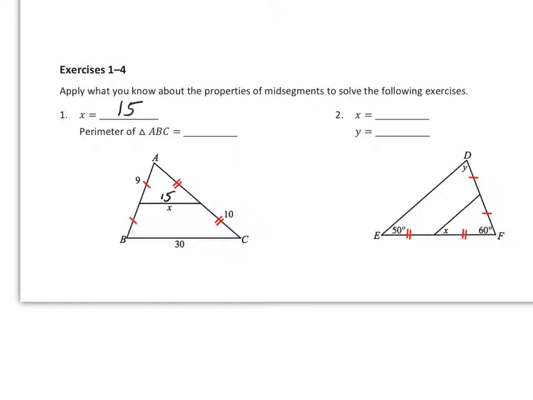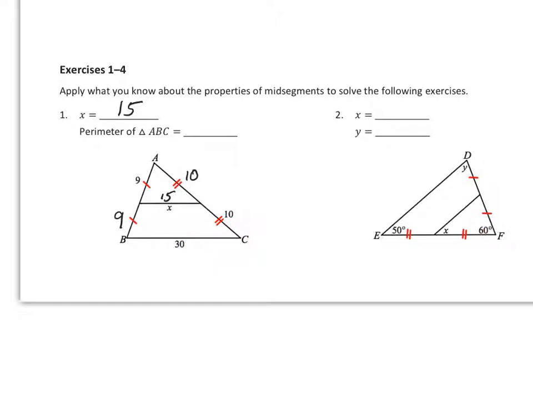It says find the perimeter of the triangle. Perimeter is the distance around something, so we're going to have to put in some missing lengths. AB was bisected by the midsegment, so you have a 9 up here, which means this part's going to be 9. Same thing with AC, so this is going to be 10.